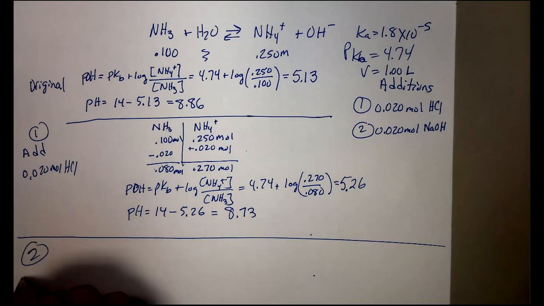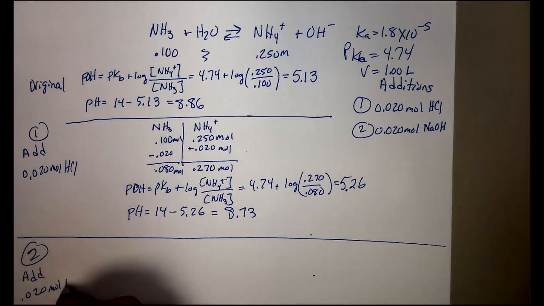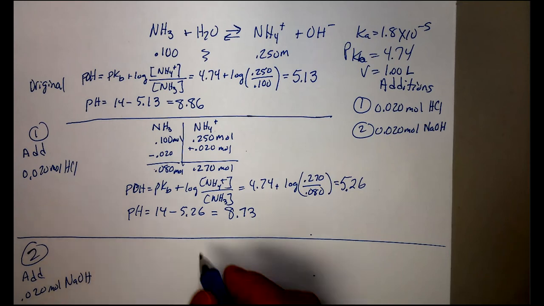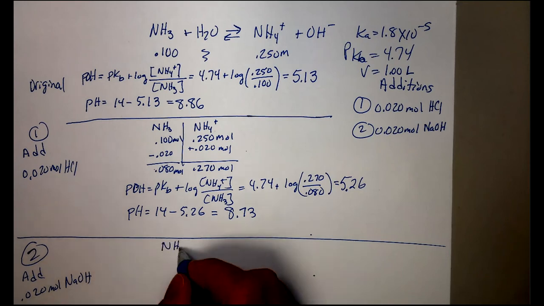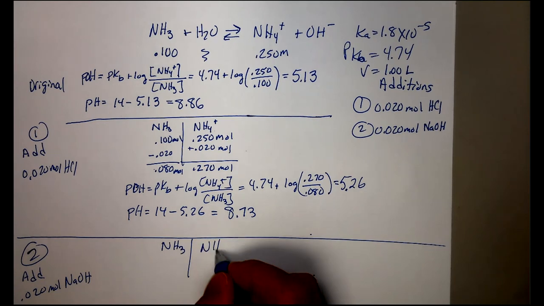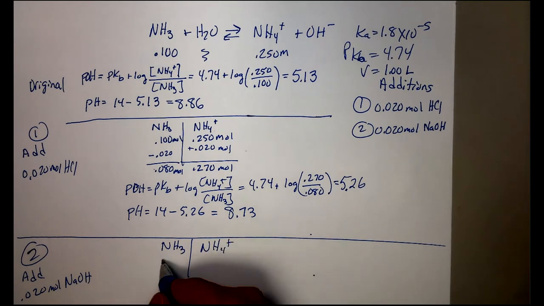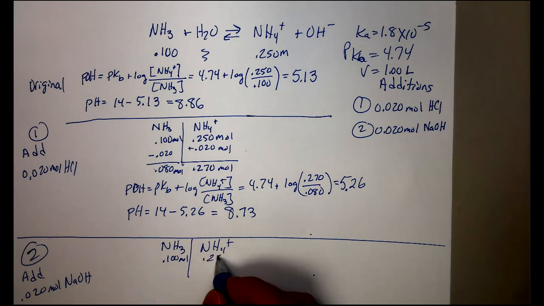Situation 2, we're going to add 0.020 moles of sodium hydroxide. And so you're going to get very much the same type of deal that we had in the last one, with one notable exception. It's going the other way.